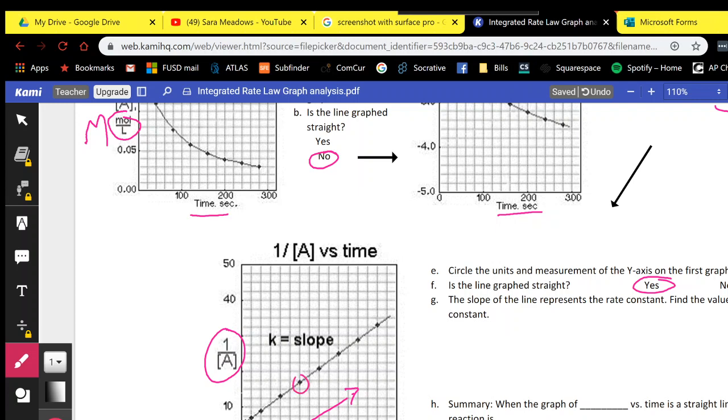So I'm going to pick that point because it's nice and obvious, and that one's nice and obvious. 2, 1. So y2 is here. So 10, 12, 14, 16, 18, 20, 22, 24, 26, 28, 30, 32, 34. That's not the scale. Let's see, every 5 is 10. That's going to be 20.